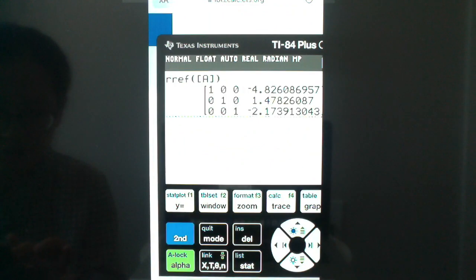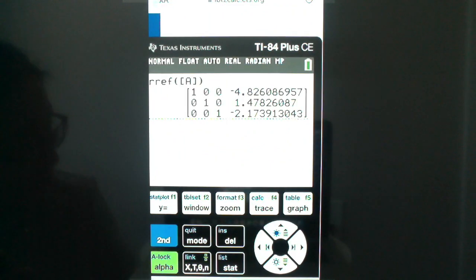The table will bring up the table. Blue matrix. Mine was A, enter, and then close the parenthesis. Let the calculator do the job. Okay, this is the answer. I'll make it bigger in case you can't see. Yes, that is the answer.